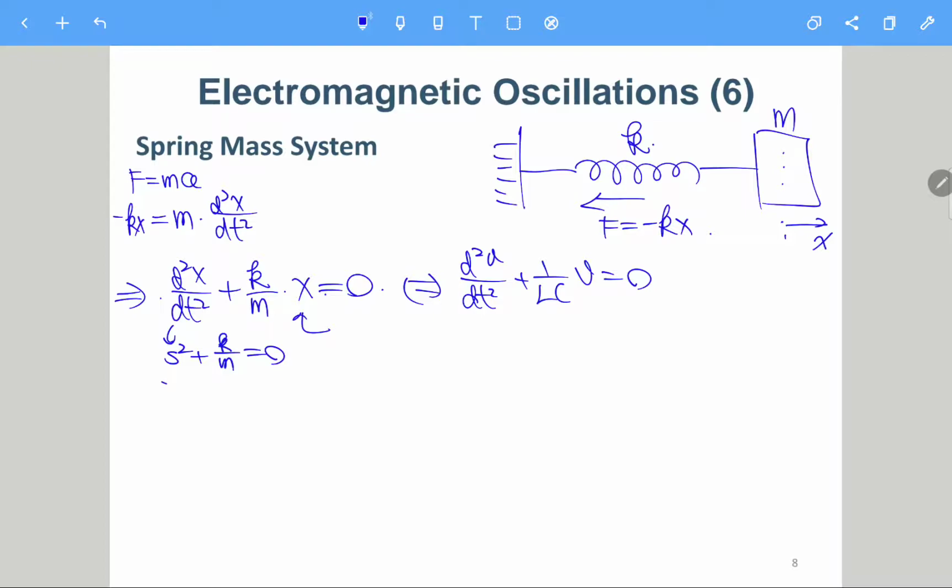In that case, s is a complex value, because s squared is minus k over m, which should be a negative value because k is positive and m is positive. So s has a complex conjugate root, which is plus or minus i times the square root of k over m.